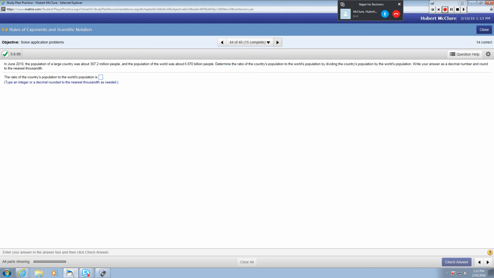So now we got to change it into regular notation, because the question's asking for regular notation. 471, and we got to move it how many places? 1, 2. So your answer is 0.04471. So there is your answer in scientific notation, and here is your answer in regular notation.